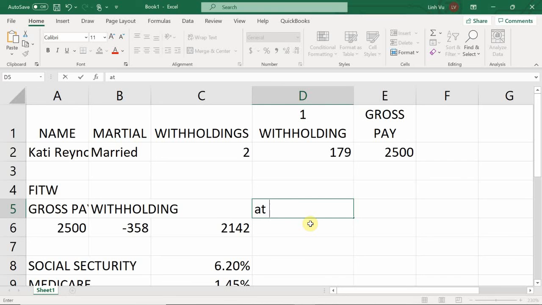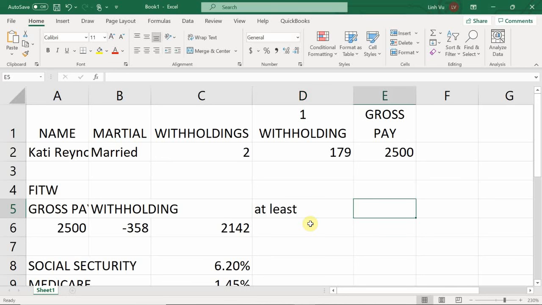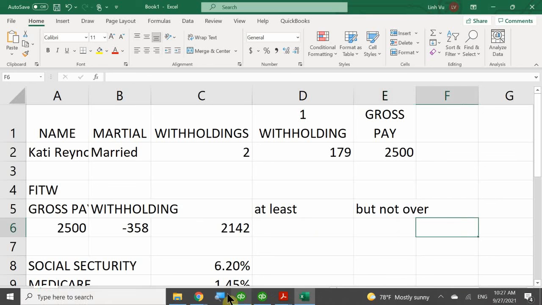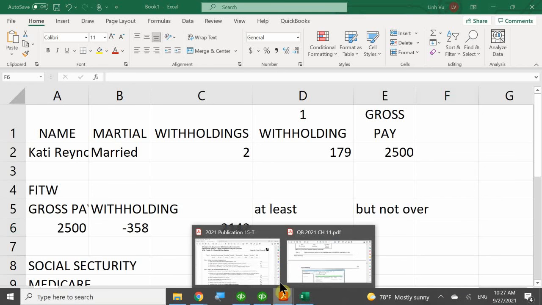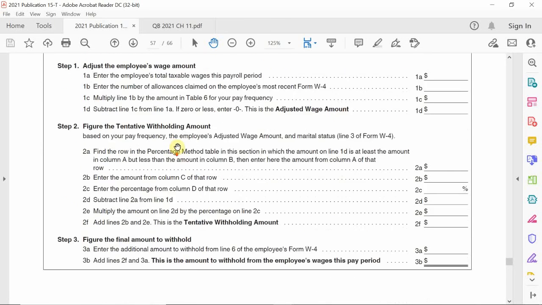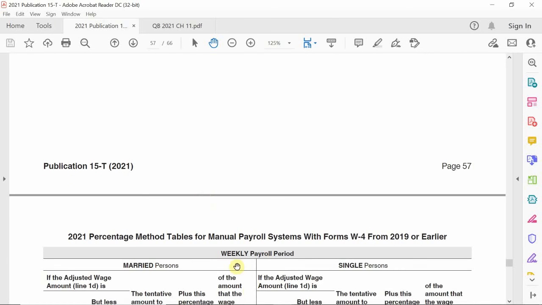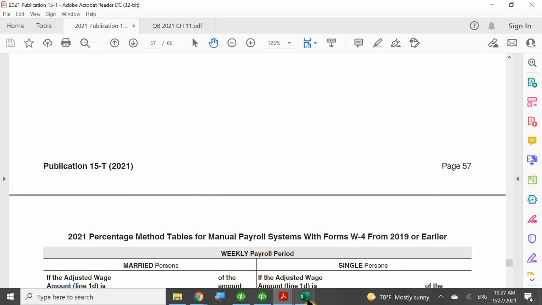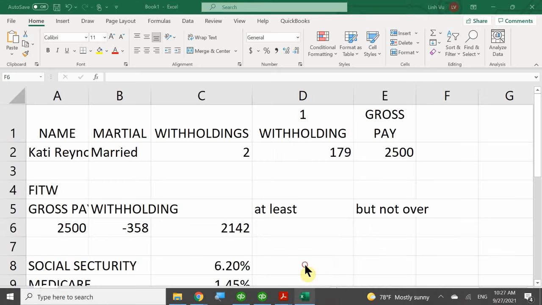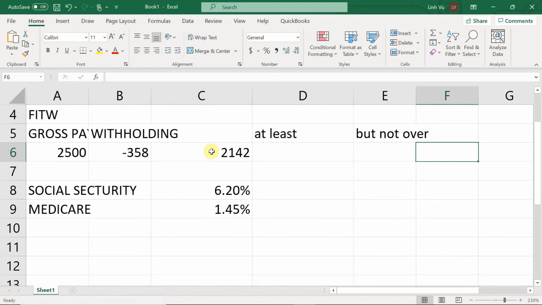Okay, so now we got to look at our table to figure out what is the number that she makes at least, okay, and what she makes but not over, okay? And then we're going to figure out what amount that the government's going to tax her for and for what percentage she's going to be taxed at, okay? So in this case, right, my number right now currently that is available for taxing is $2,142.